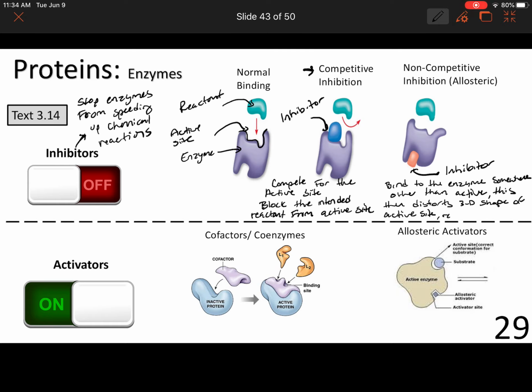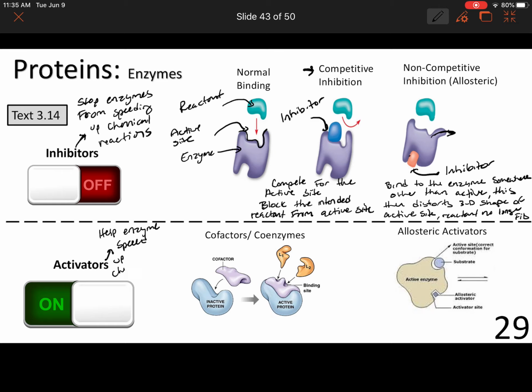The reactant no longer fits. In this image, the binding caused the site to splay outwards, and now the reactant doesn't fit in the active site, and the consequence is the same. Regardless of whether you have a competitive inhibitor or an allosteric, also known as non-competitive, inhibitor, the same outcome is true: the reactant won't fit into the active site and the reaction won't be sped up.